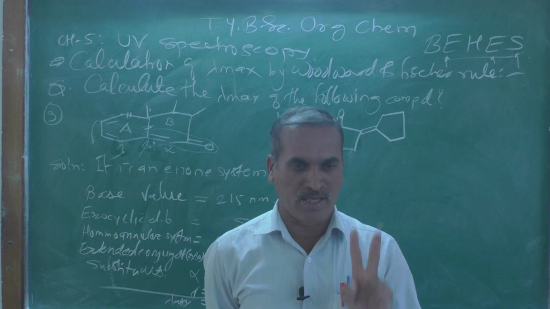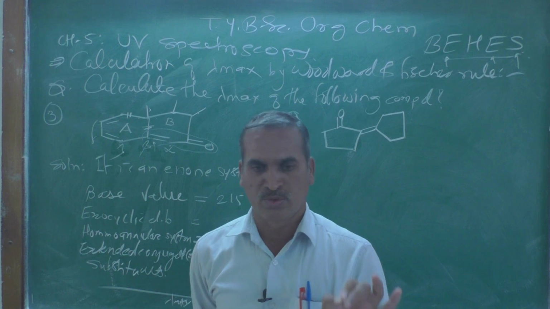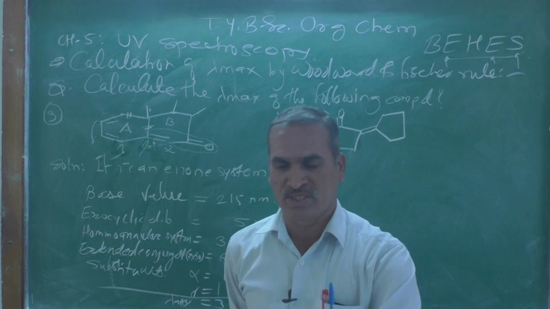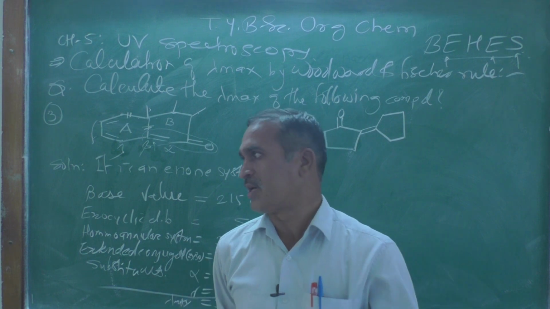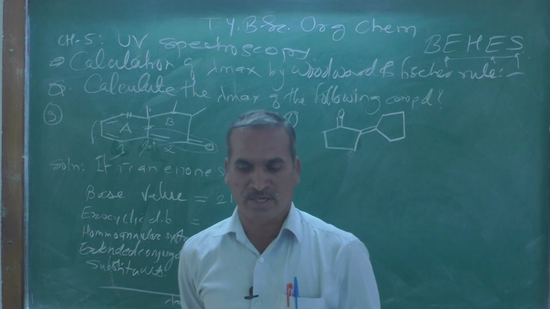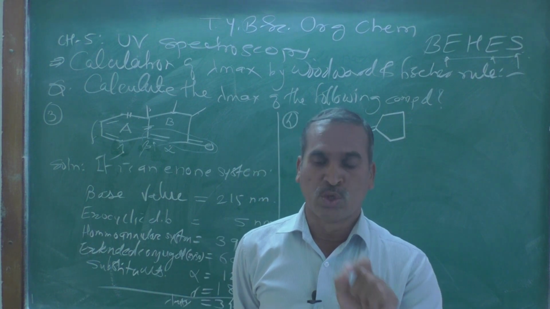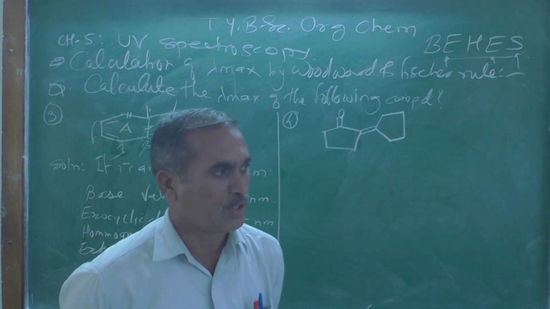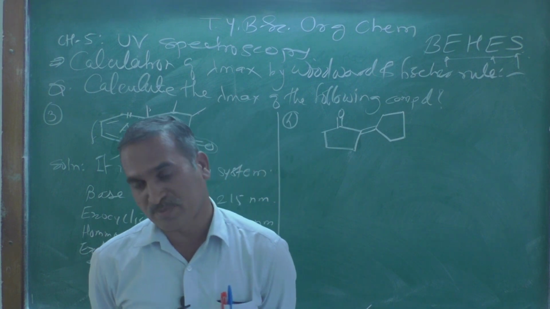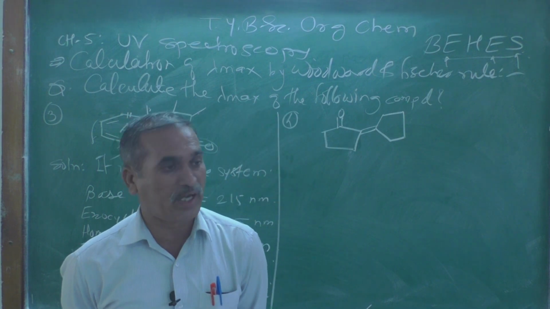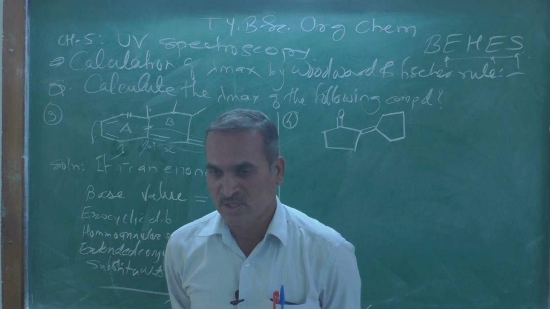At T.Y.B.Sc level we are going to study only two systems. One system we already studied, it is the second system. In that second system, whether it is an enone system or a diene system, if you observe this structure carefully, there is a carbonyl group present, and therefore definitely there is a possibility of an enone system.